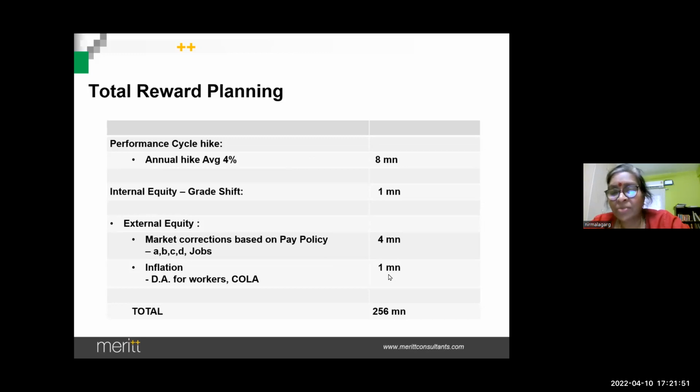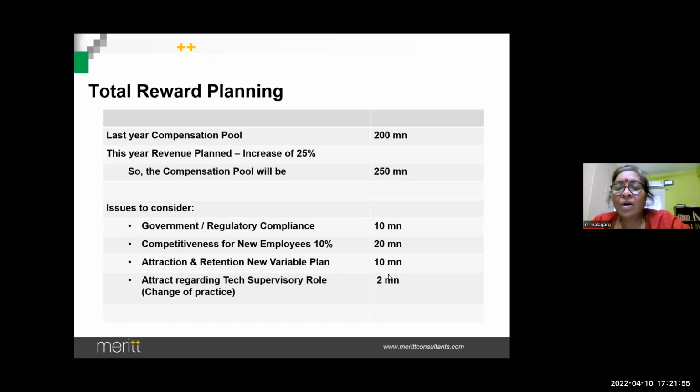Then market correction, maybe I'll say okay, 3 million. Competitiveness, again I will cut some 2 million there. Attraction and retention, again 2 million, so I'll go to 8 million. Somehow I will balance and ensure that the 256 comes down to only 250 million.